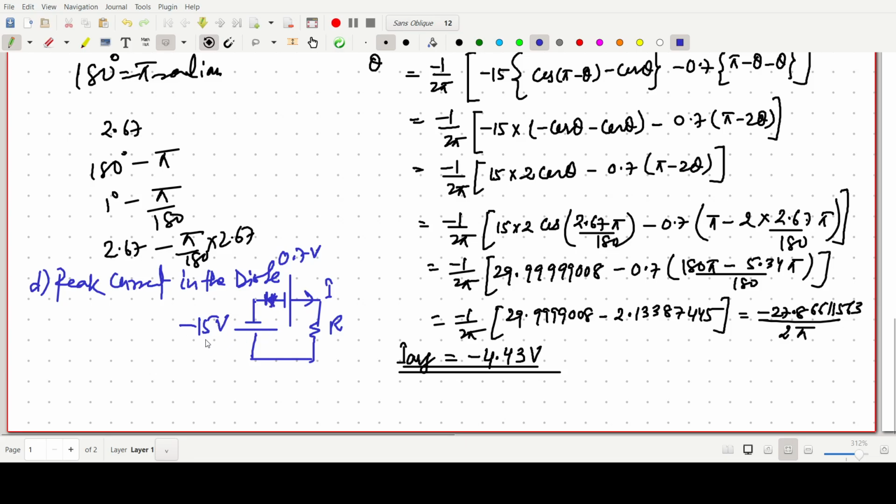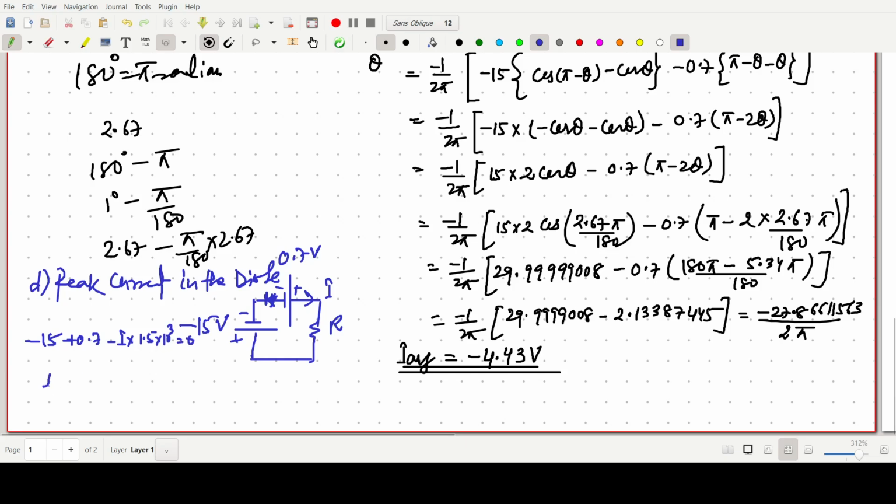So we just apply KVL. Minus 15 plus 0.7 minus I into R, which is 1.5 K, 1.5 into 10 power 3, equals 0.